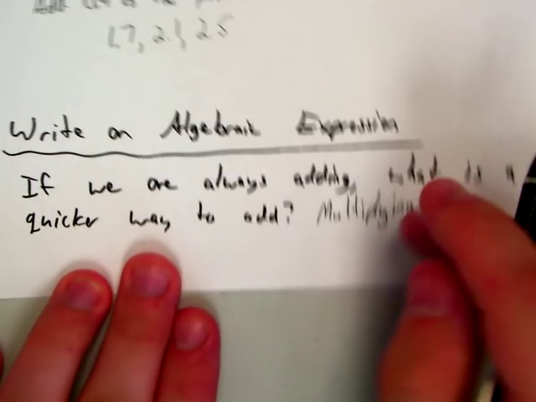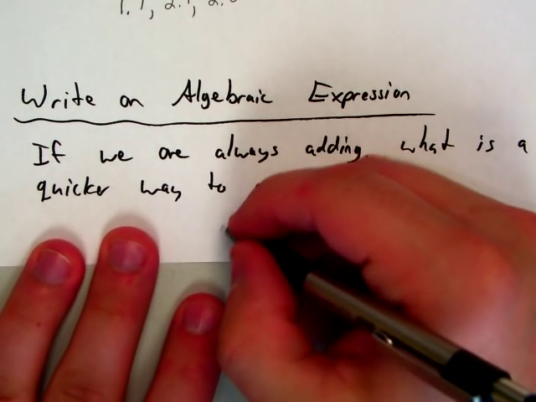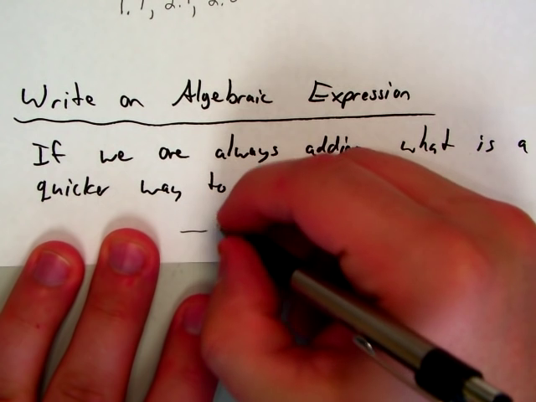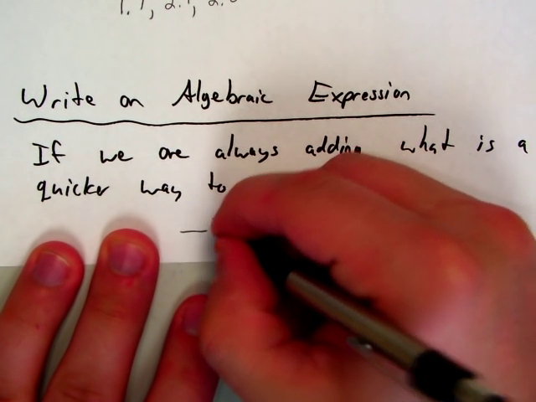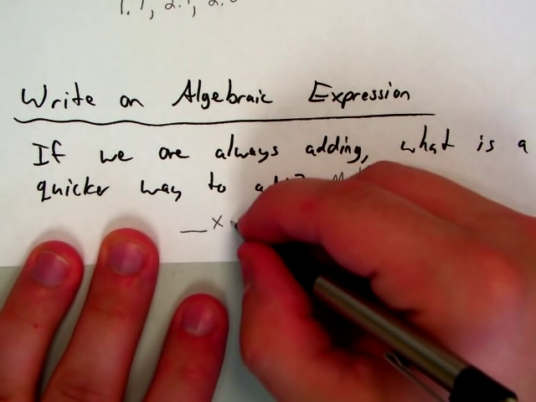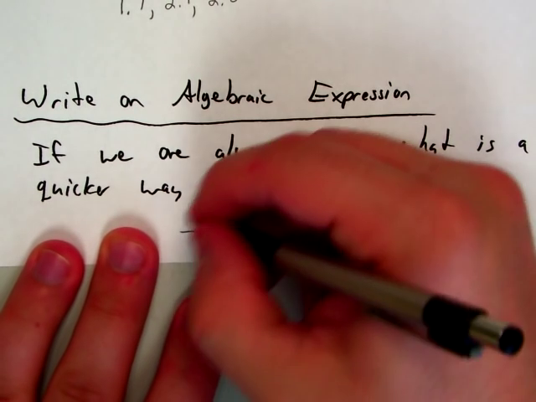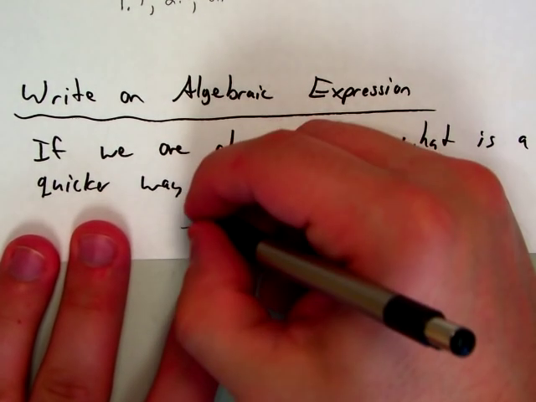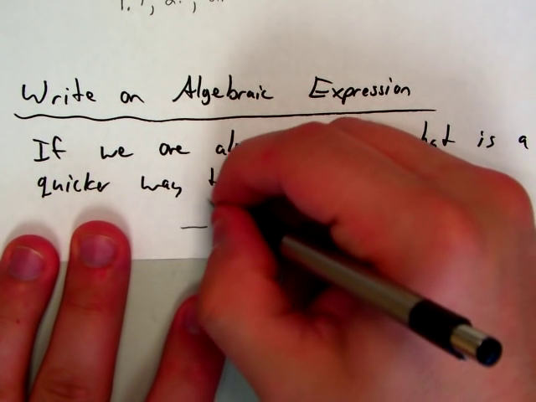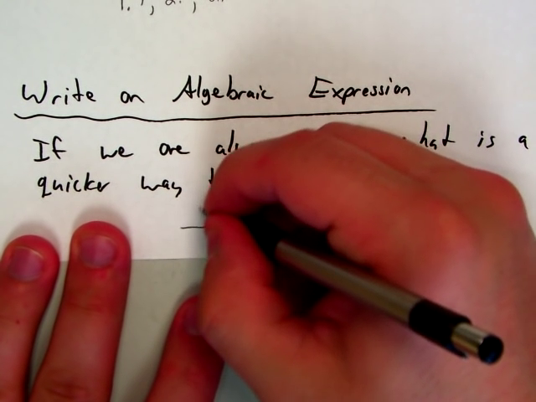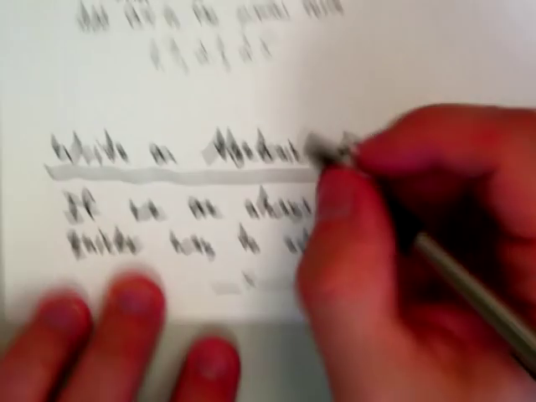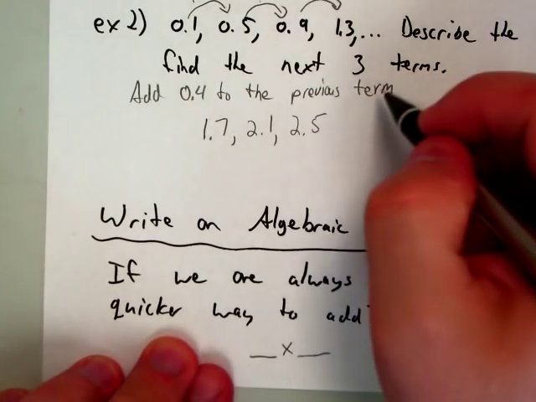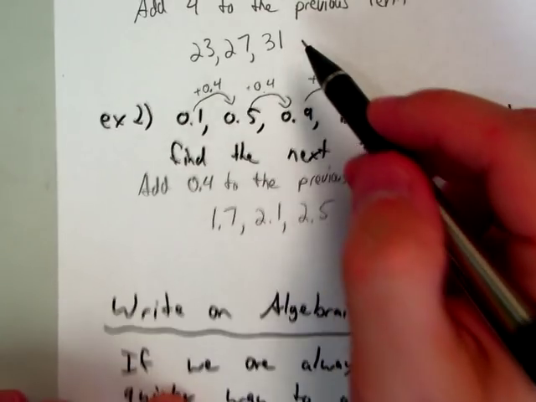So when we write an algebraic expression, we want to have something times a variable. This number here, the number out front, is going to be whatever the part is where we say add 0.4 to the next term, add 4 to the previous term.